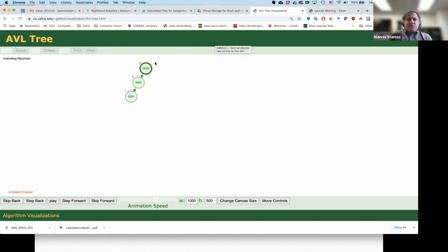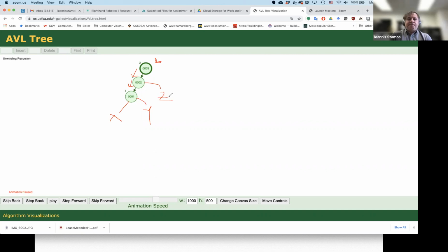I said that the violation happens here because we inserted to the left of the left, and that's a single rotation, always. So basically, this is your X, this is your Y, and this is your Z, which are null.